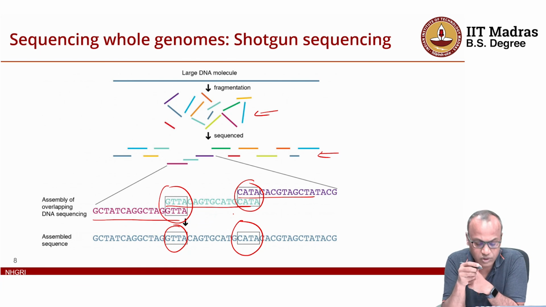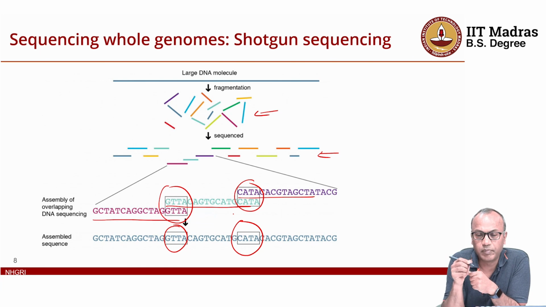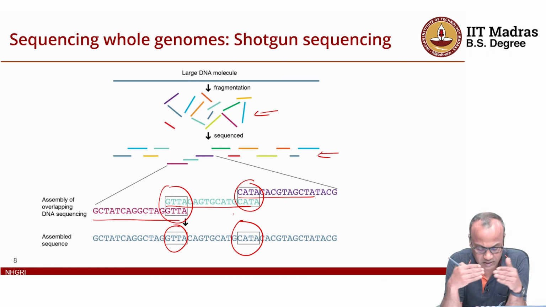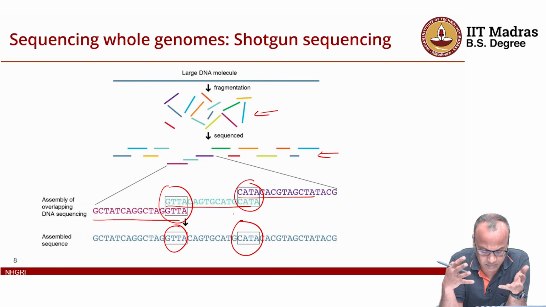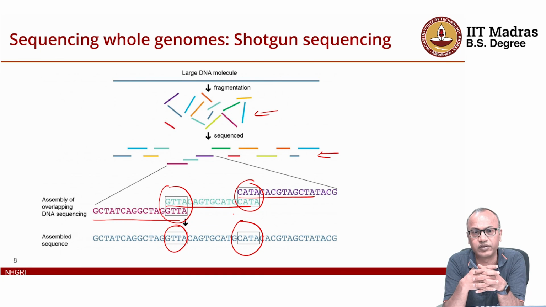Later on in the course, you will learn about algorithms that allow us to do this kind of overlapping. So this is not done manually, this is done computationally, and there are algorithms that have been designed to do exactly that, and you will learn about how those algorithms work, what is the mathematical basis of these algorithms.